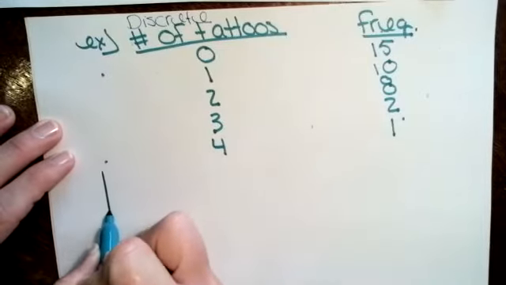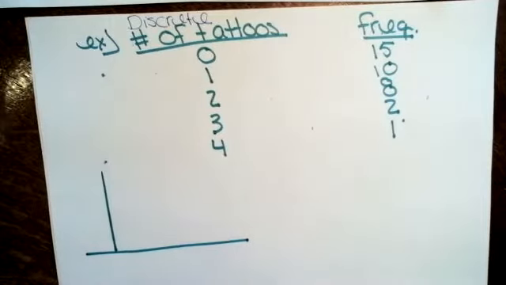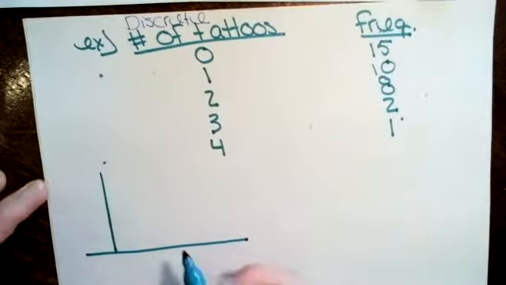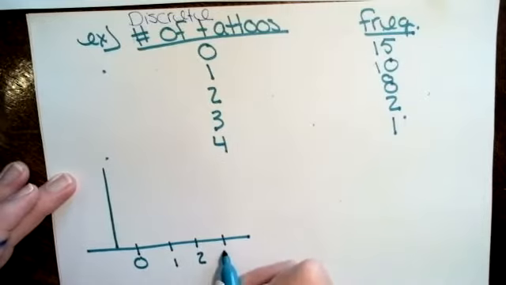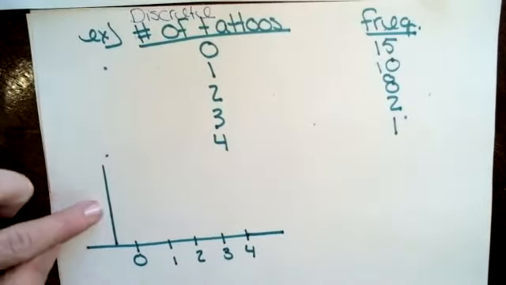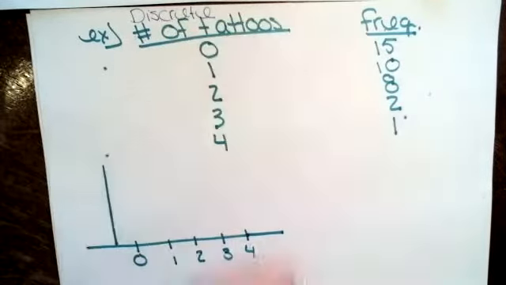So what I'm going to do is I'm going to have like an X and Y axes. So my horizontal, my vertical, and along the bottom, I'm going to put my different options. So 0, 1, 2, 3, and 4. Okay. And here on my vertical axis, I'm going to put my frequencies. That's just what I'm going to use.